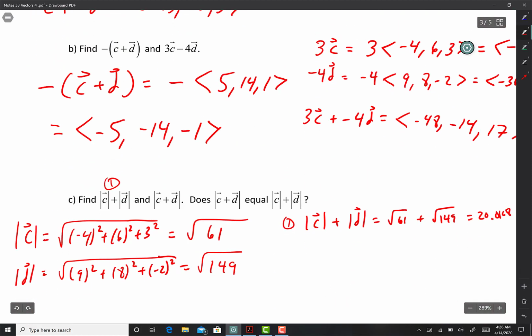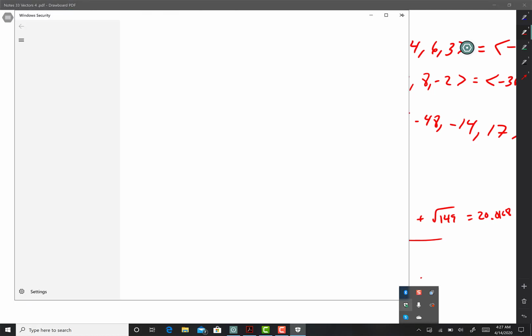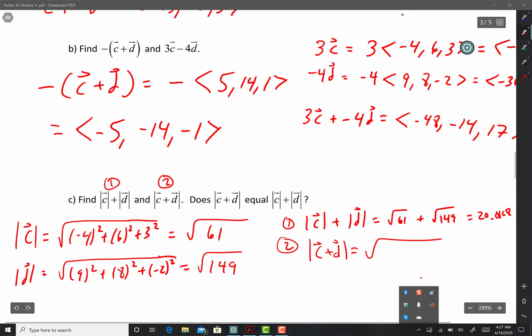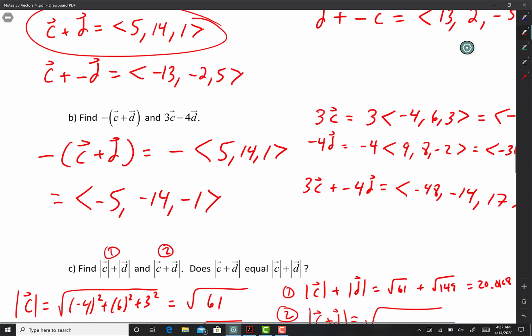So here is number 2. So I'm going to put number 2 here. So number 2, C plus D is the square root of 5, 14, and 1.